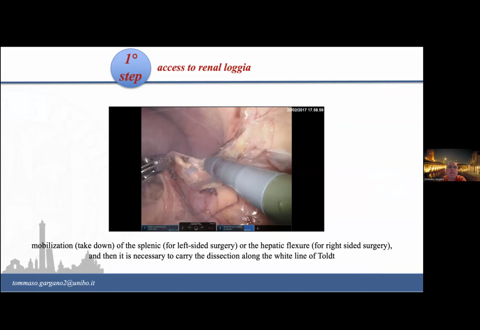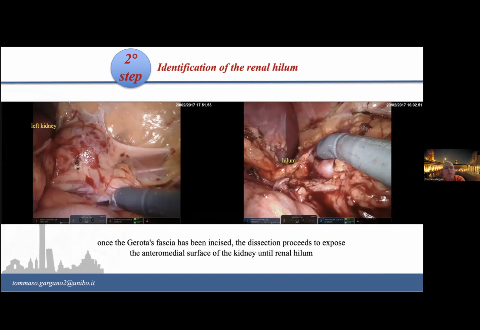The access to the renal loggia. It's important in this case, the surgery being on the left side, the mobilization of the splenic colon, the splenic flexure, and it's necessary to carry the dissection along the white line of Toldt to open the posterior peritoneum.